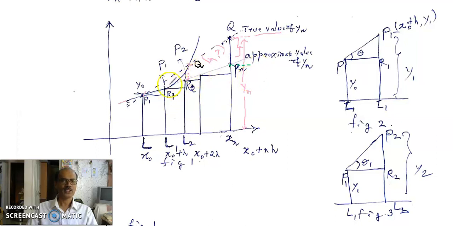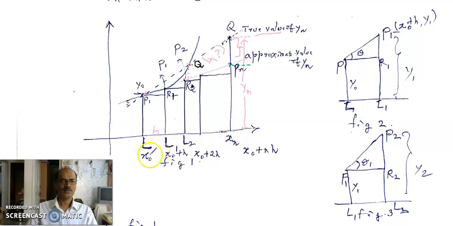So I made a construction like this. The tangent, I divide into n partitions, n number of divisions with a width of h. This is h, equal widths. I call these points L, L1, L2, continuing to Ln.